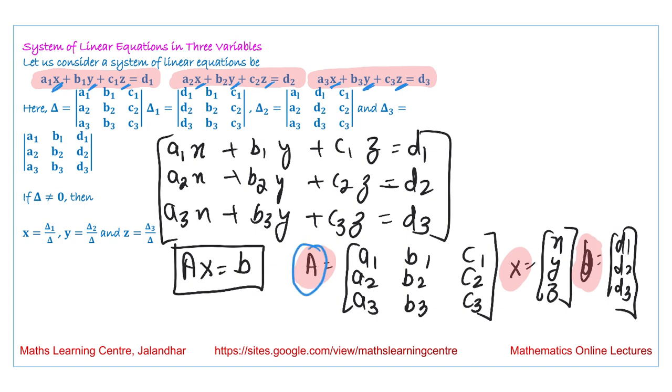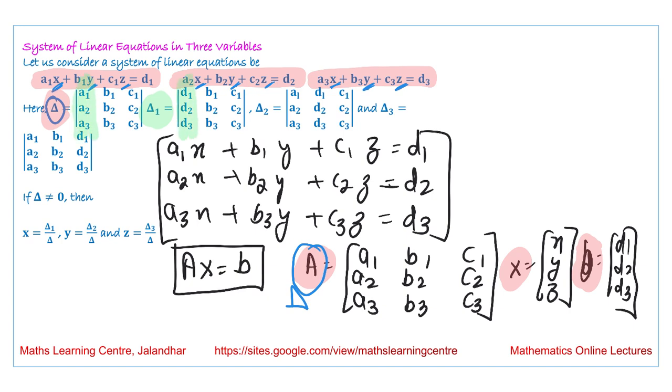Now to solve this, we write the determinant of this A as delta. This is how we solve by Cramer's rule. Next we write delta 1, another determinant. Look at the first column: it is a1, a2, a3.